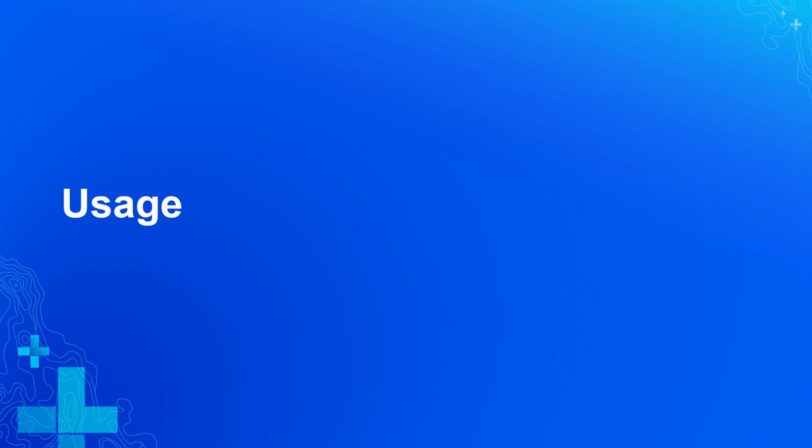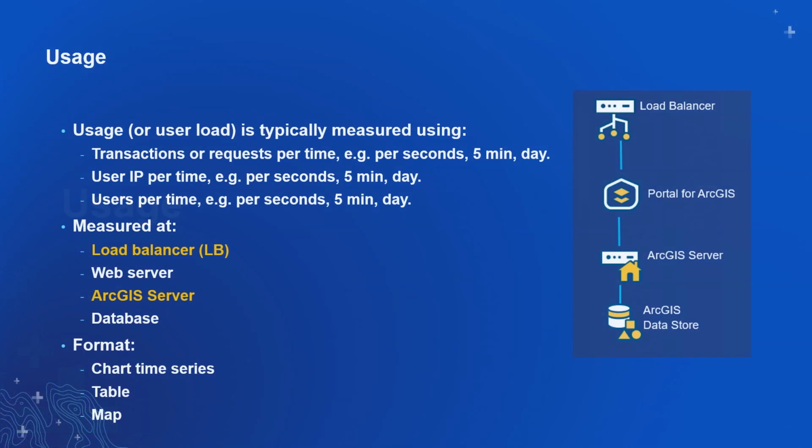ArcGIS Monitor can be used effectively even if your system is healthy and you have no reason to believe that there will be problems. But wouldn't we want to know which services are popular, which hardware is underutilized, who is using our system? So this is the category of usage.